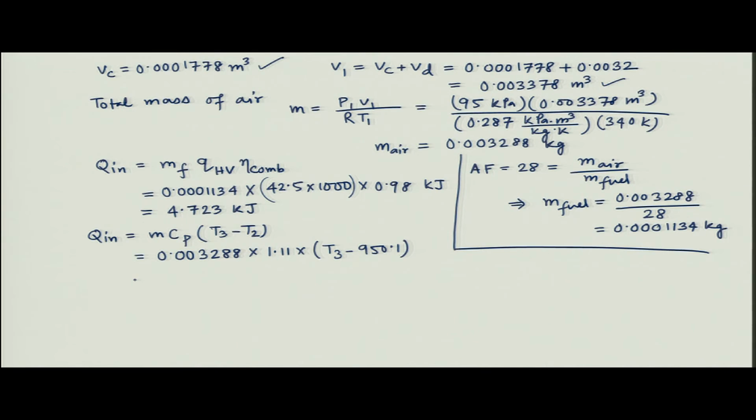So from this we can find T3. Q in is 4.723 kilojoule, right. So if I solve this and calculate, T3 will come as 2244 Kelvin.